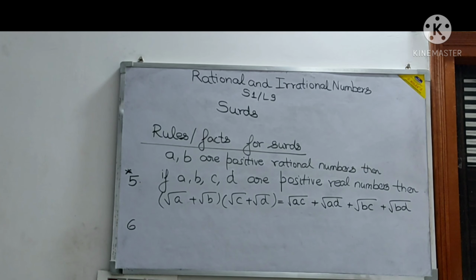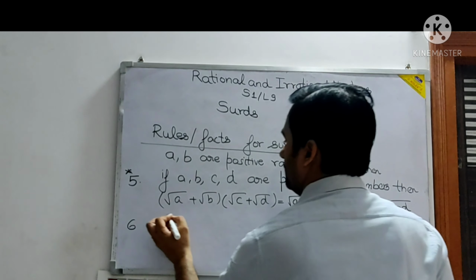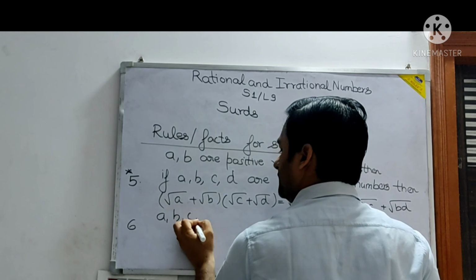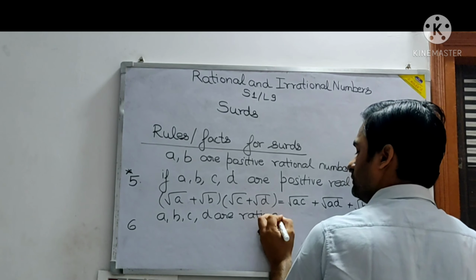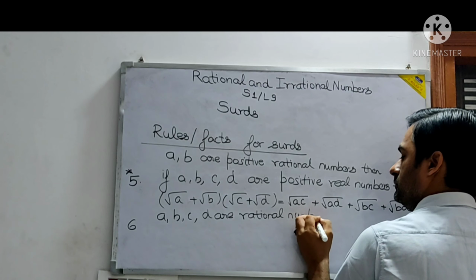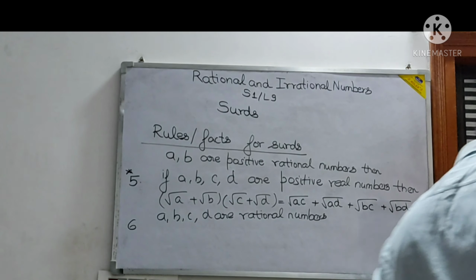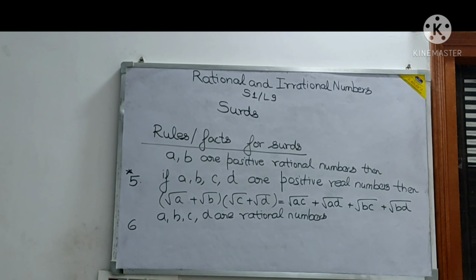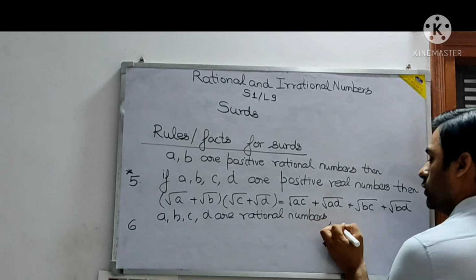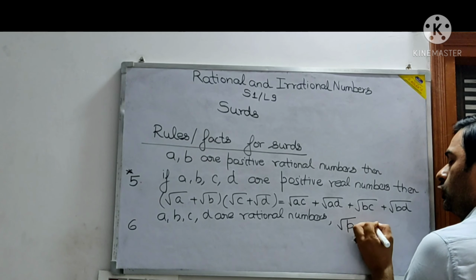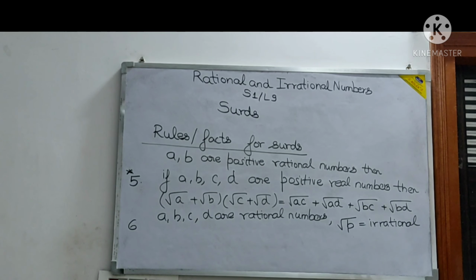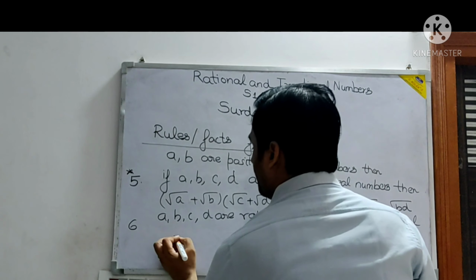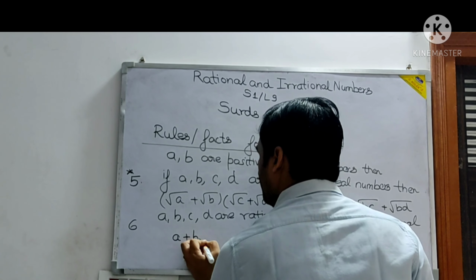Then children, the sixth rule. If A, B, C and D are rational numbers, and one more thing, root P is irrational, then what happens?